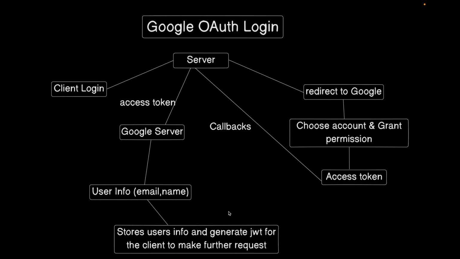This JWT allows the client to access protected resources without needing to log in again. Now, whenever the clients make a request to a protected endpoint, they simply need to include the JWT in the request header for seamless authentication, and that's how OAuth login works.